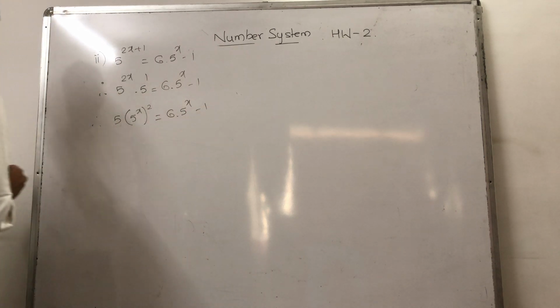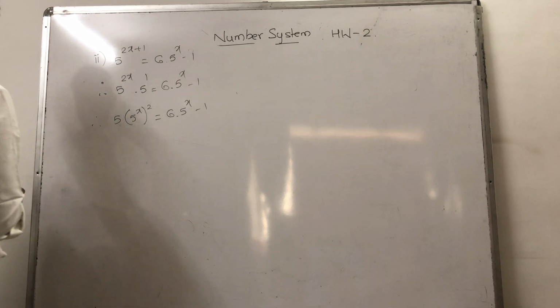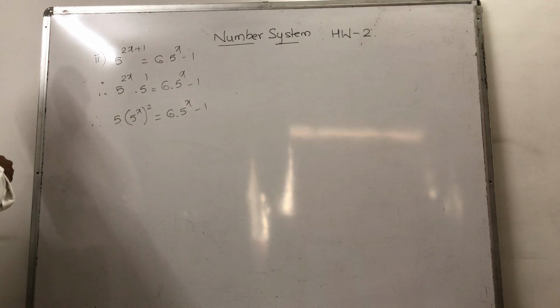What do we notice? We notice the term 5 raised to x on both sides. We are going to assume 5 raised to x as m.